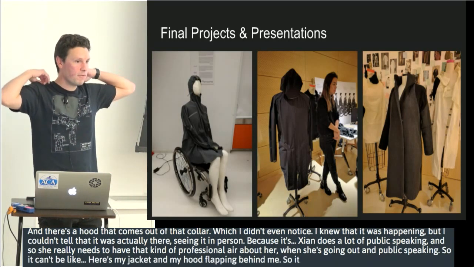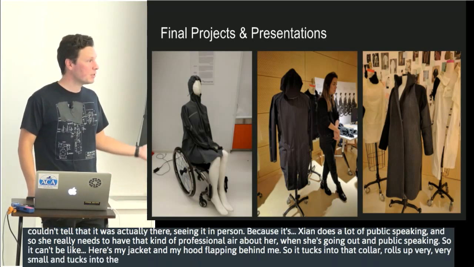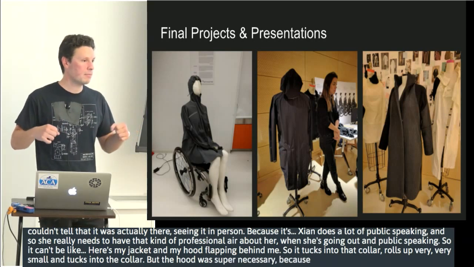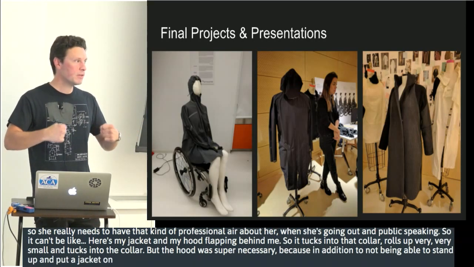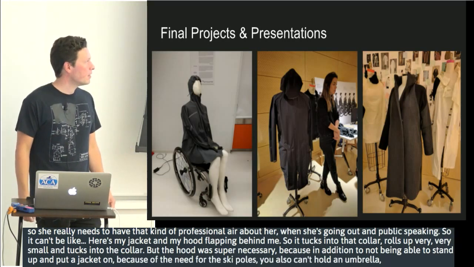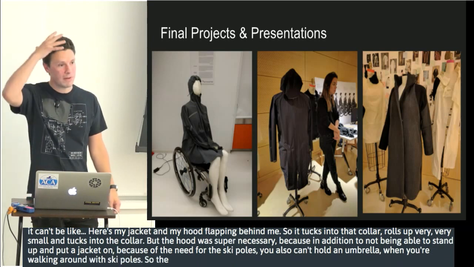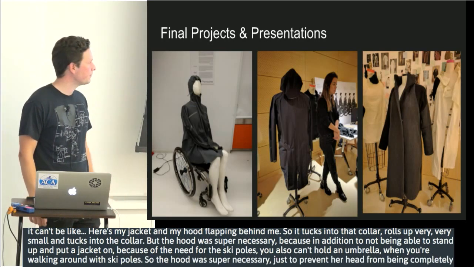It rolls up very, very small and tucks into the collar, but the hood was super necessary because in addition to not being able to stand up and put a jacket on because of the need for the ski poles, you also can't hold an umbrella while you're walking around with ski poles. And so the hood was super necessary just to prevent her head from being completely soaked in the rain getting into her jacket.